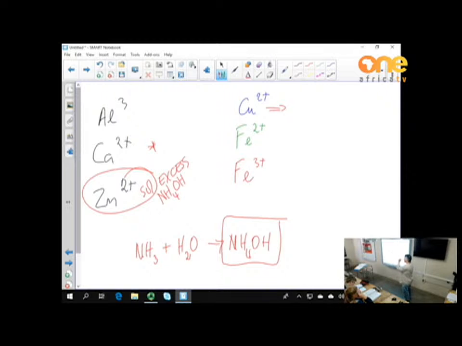But the light blue precipitate of copper, if I add excess ammonium hydroxide, it forms the ammoniated complex ion, which is a deep dark blue solution. That's the color of your shirt.